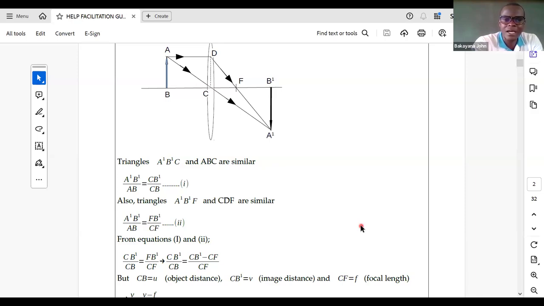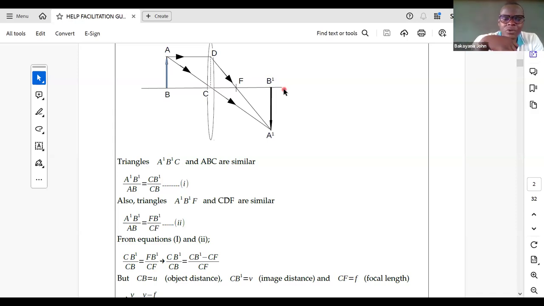So what is the length FB prime? FB prime is the same as CB prime minus CF.